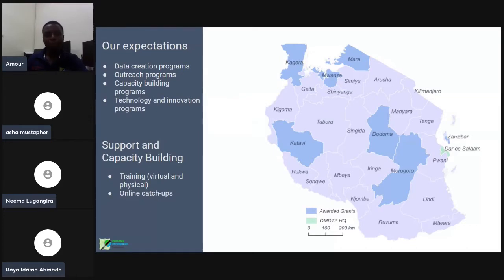We have seven communities here in Tanzania, and not all of them are well enough in utilizing open mapping tools or OpenStreetMap. As OMDTZ, another focus is to support them in capacity building. We already did some training, both virtual and physical, for some communities in Tanzania.